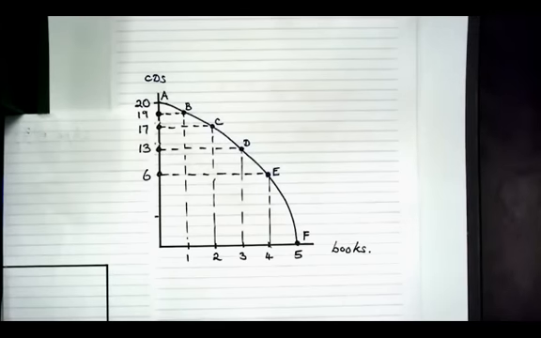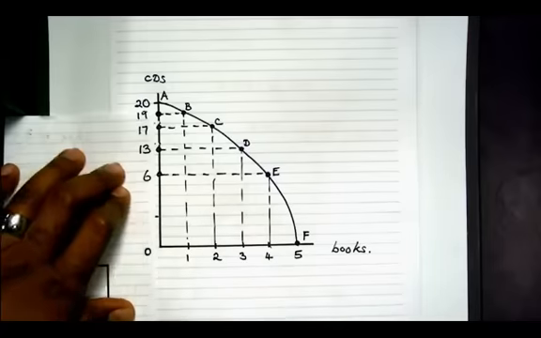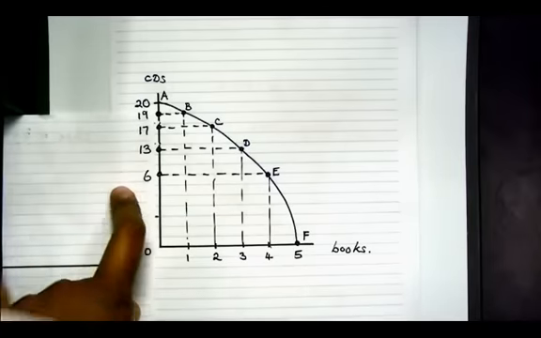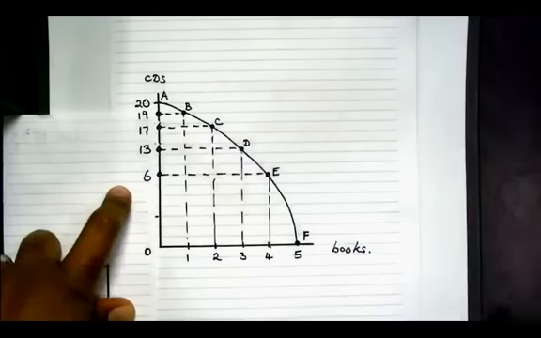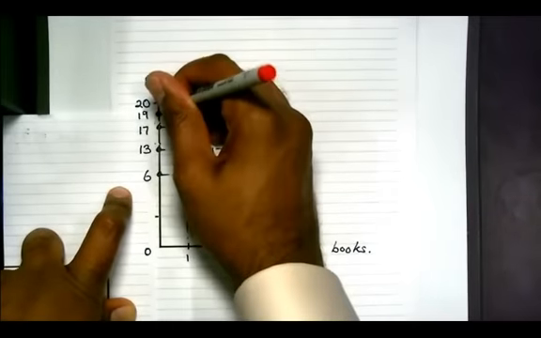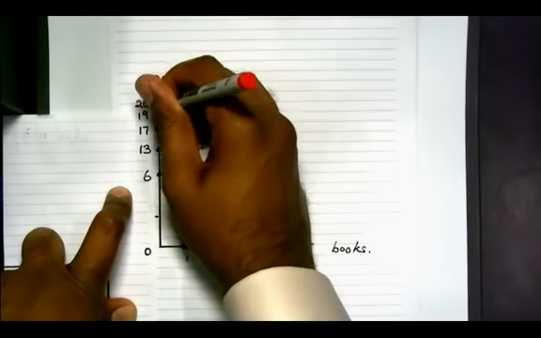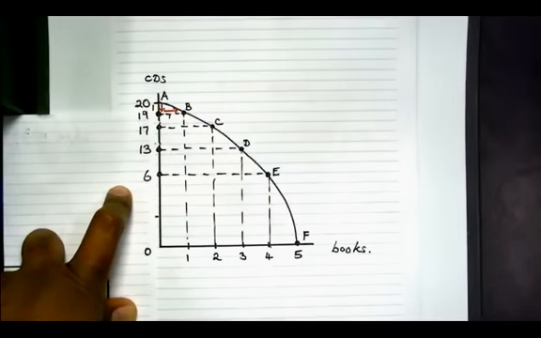So if we are currently at A, producing 20 million CDs and no books at all, and we want to now produce one more book, how many CDs do we need to sacrifice? To make one extra book, we need to sacrifice one CD.